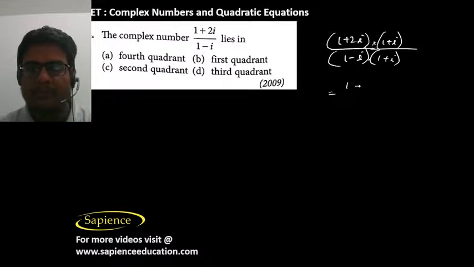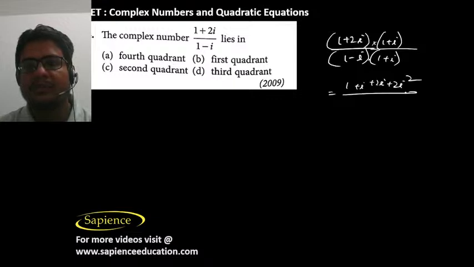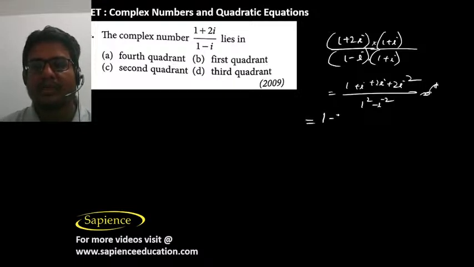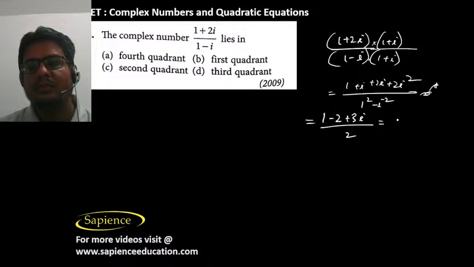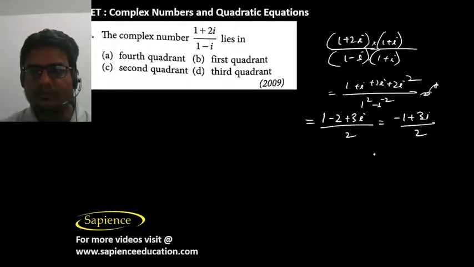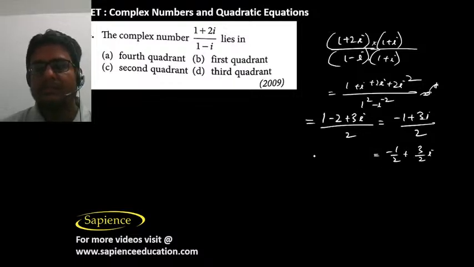So that is (1 plus i) plus 2i plus 2i square, divided by 1 square minus i square. So that is 1 minus of minus 1, that is 2. So this is equal to (1 minus 2 plus 3i) divided by 2, that is (minus 1 plus 3i) divided by 2, so minus 1 half plus 3 by 2 i.